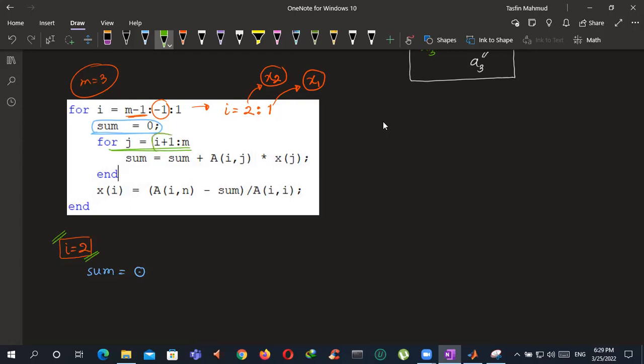So I plus 1 will give us 3, and m is also 3. So j will iterate once, for j equals 3.